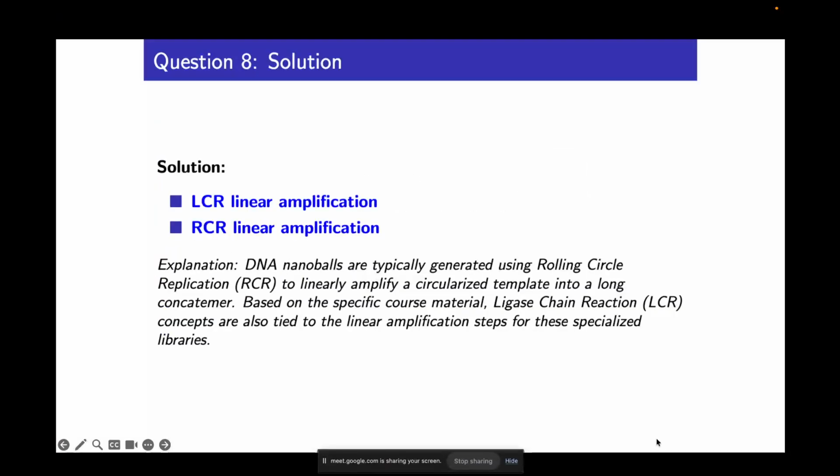Okay, RCR is fine. Ligase chain reaction, yeah. I was also not aware of this. The answer has been given by NPTEL only. Yeah, LCR also is there. But rolling circle amplification is the main one.